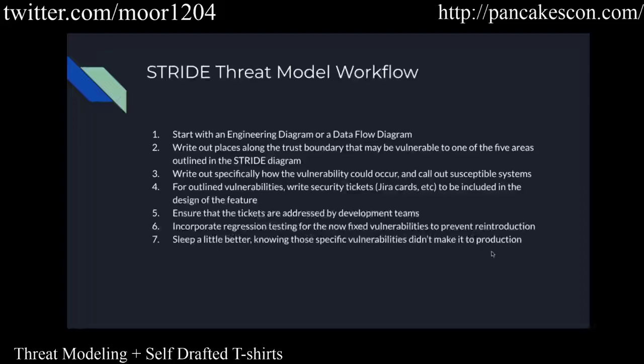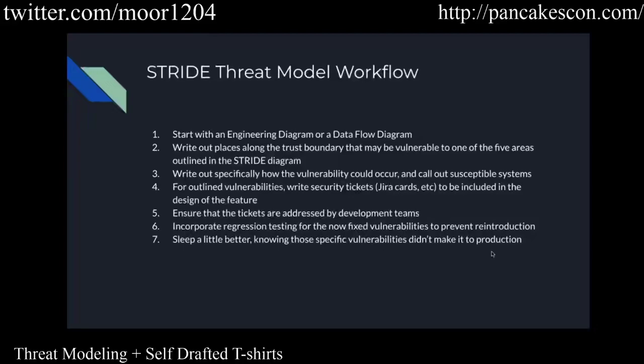And then for those outlined vulnerabilities, you're going to write security tickets, JIRA tickets, whatever it is that you use to track this type of work, and include them in the design for the feature. My recommendation is to ensure that your feature teams are incorporating that as acceptance criteria for shipping that feature, and that those tickets are being addressed by your development teams.